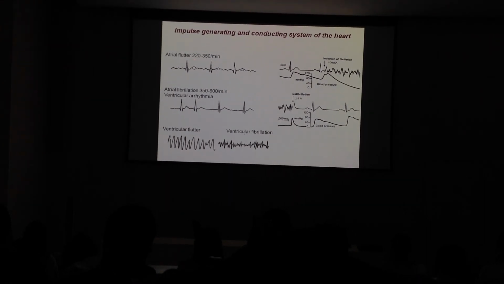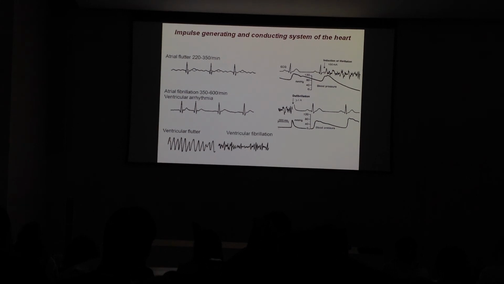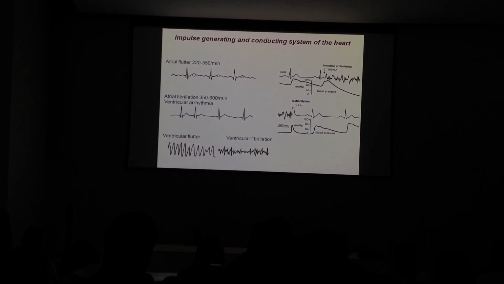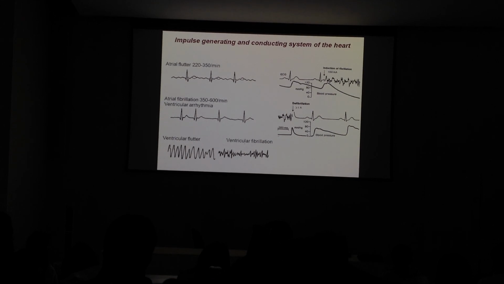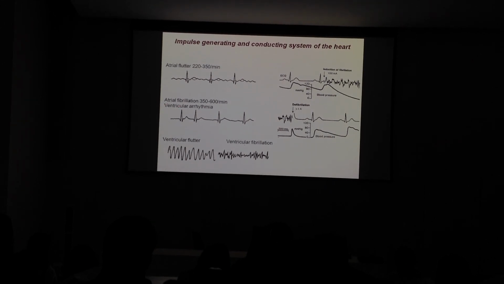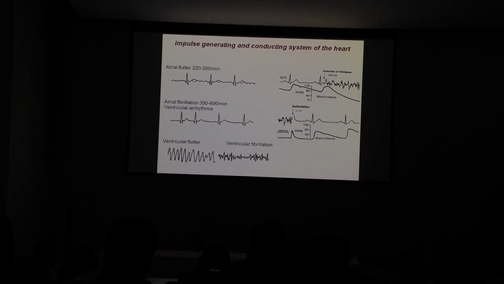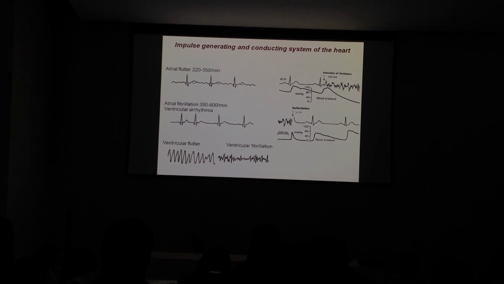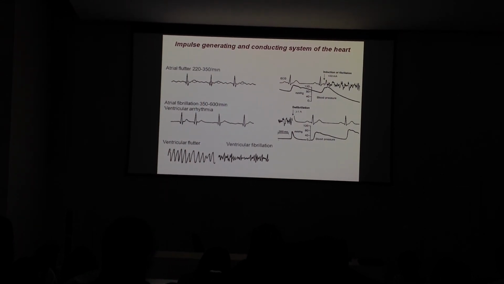Why? Because the AV node protects the ventricular fibers, but it is very accidental that each action potential can cross the AV node. Therefore, the ventricular functioning will be arrhythmic and the relationship with the action potentials changing.